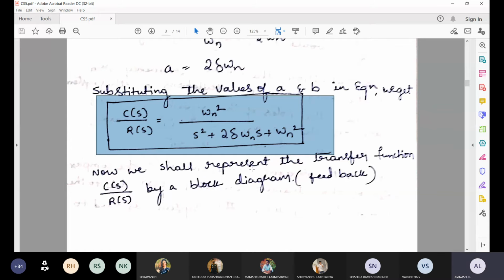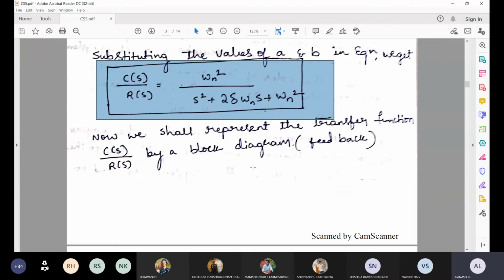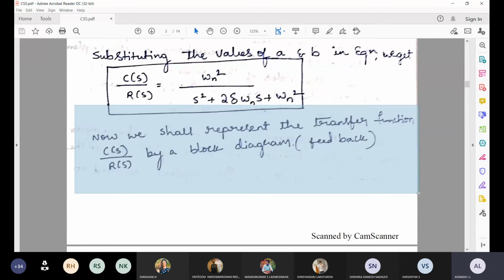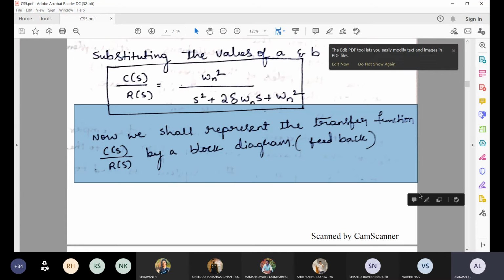Taken? Yes, sir. Okay. Now we write down: we shall represent the transfer function C of S divided by R of S by a block diagram.